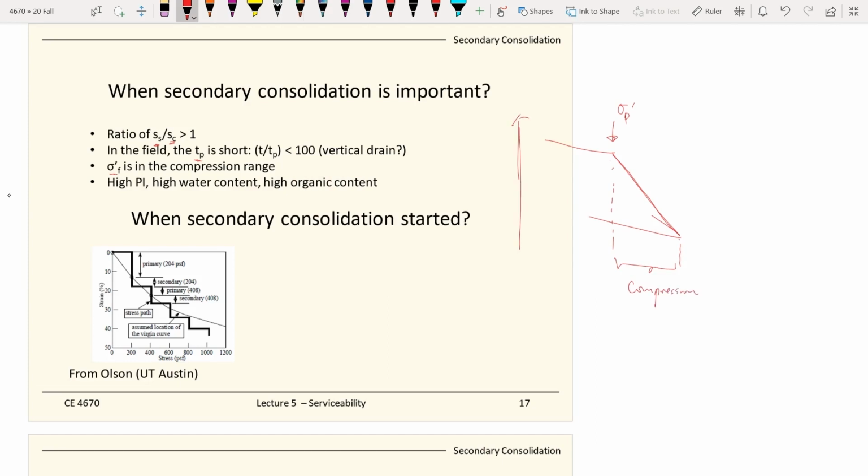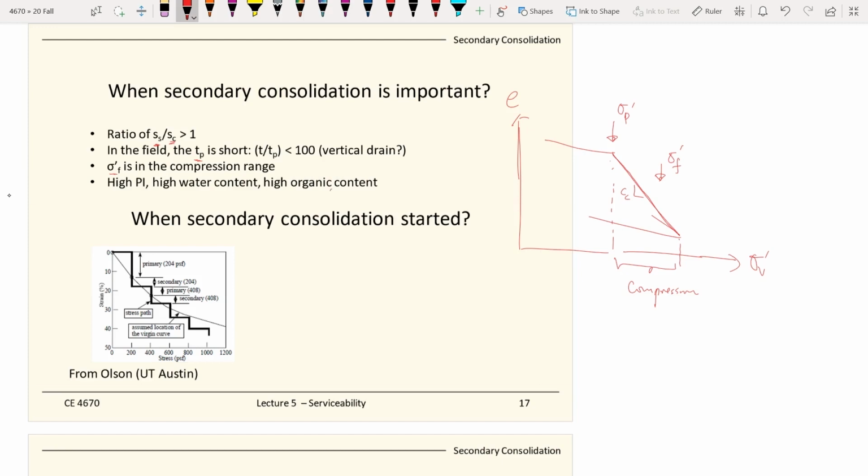So this is the e-log-σ'v curve: the void ratio against the vertical stress, and this is C sub C. If your final stress is within this compression range, then you had better also look at the secondary consolidation settlements.